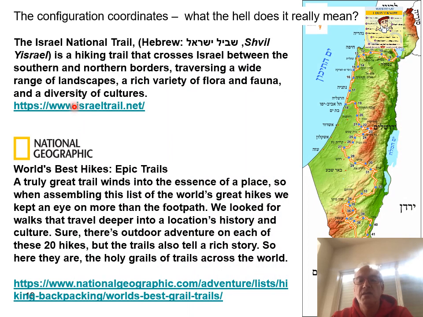So this is the map, and you see the trail here, and this is the recommended path. You will go through the state of Israel from north to south, or from south to north, and see lots of interesting things that you might find in these links.